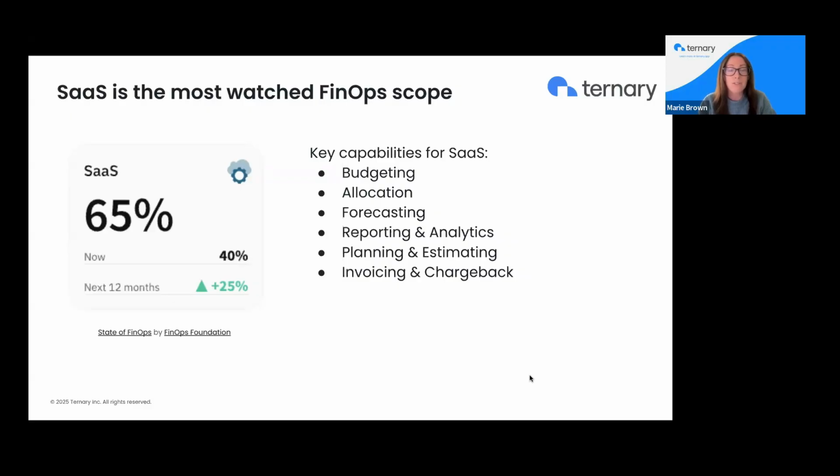Currently, about 40% of practitioners are either thinking about SaaS management or implementing it. In the next 12 months, that's expected to go up another 25%. So by the end of the year, 65% of your customers are going to be exploring ways to manage these SaaS costs. And SaaS, similar to cloud, has variable spending and nuances depending on what kind of SaaS tools your customers are using.